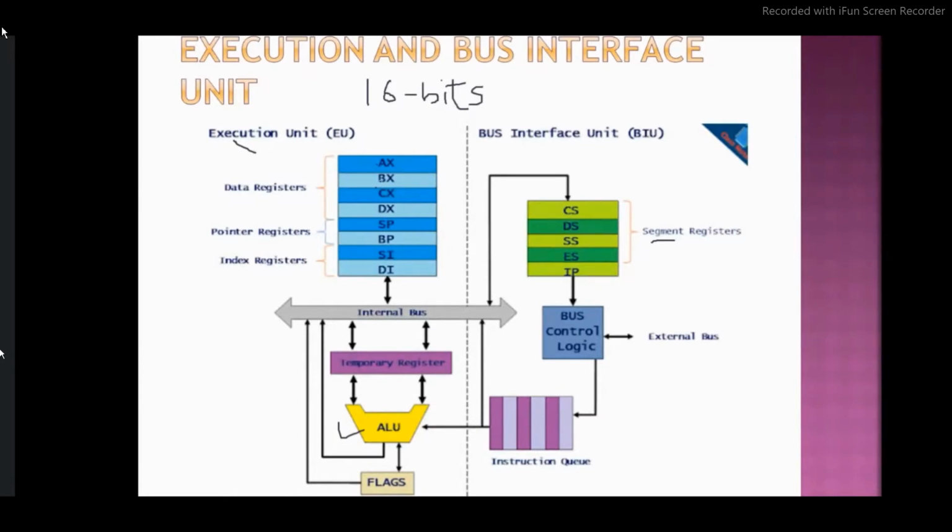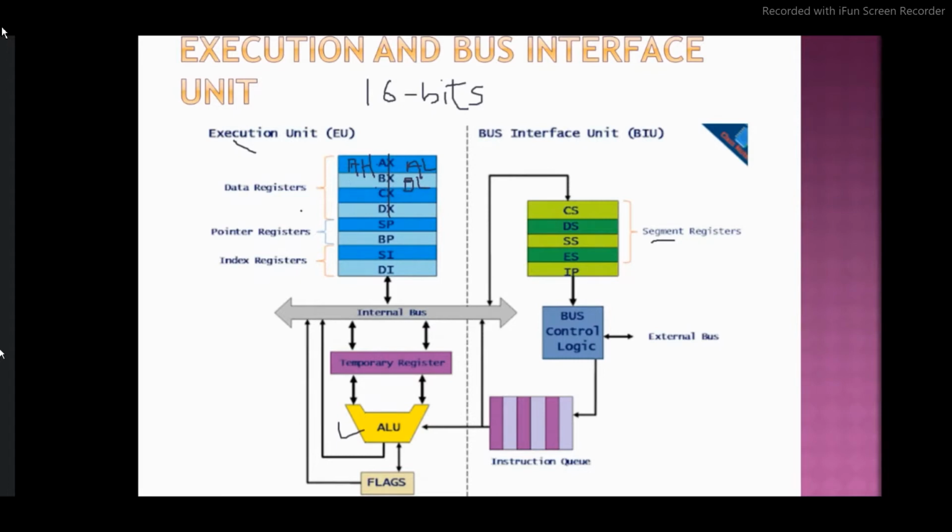For the BX register, the lower part is called BL and the higher part is called BH. You can use these data registers for storing data.